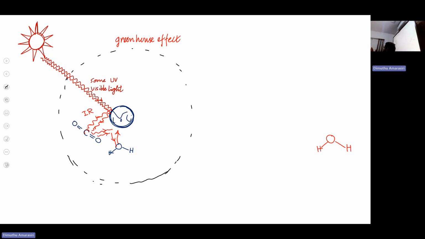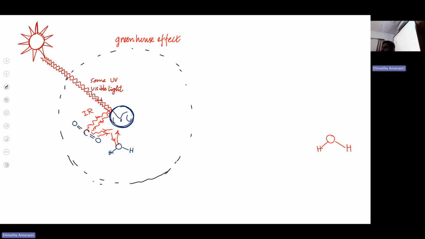Two more. Any guesses? No, darling, oxygen is not. Listen. Diatomic molecules with the same atom are not greenhouse gases. They don't absorb IR.